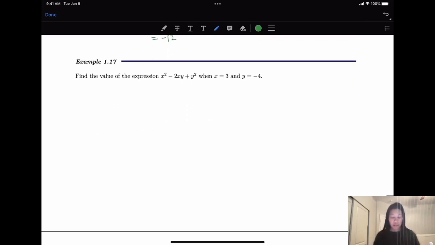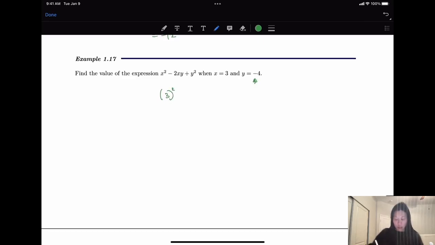Next one, find the value of the expression, now we have exponents. x squared minus 2xy plus y squared when x equals 3 and y equals -4. So I have x squared. It's easier if you put everything in parentheses, so you will not miss the negative sign.